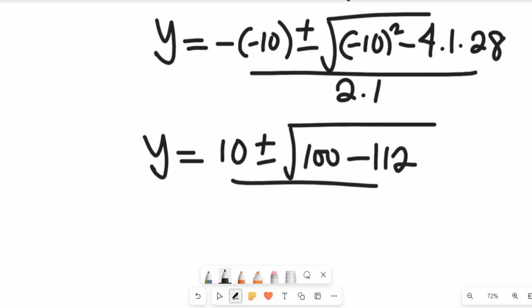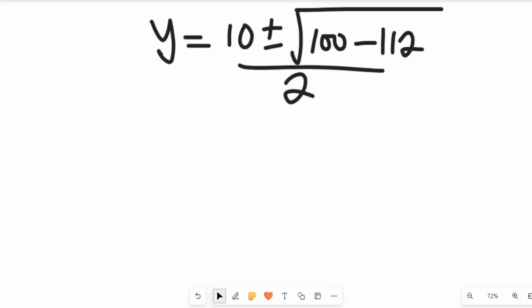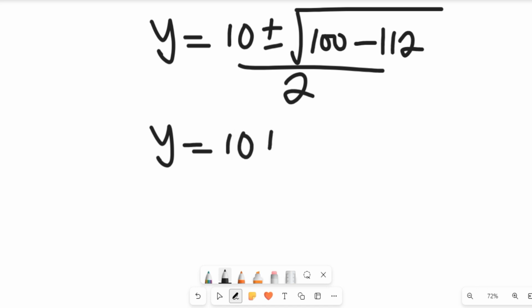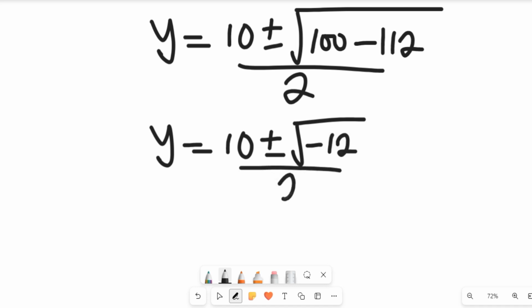Great, and that will be divided by 2. So let's go ahead and simplify this. We'll have y equal to 10 plus or minus the square root of 100 minus 112, which gives us negative 12, divided by 2.